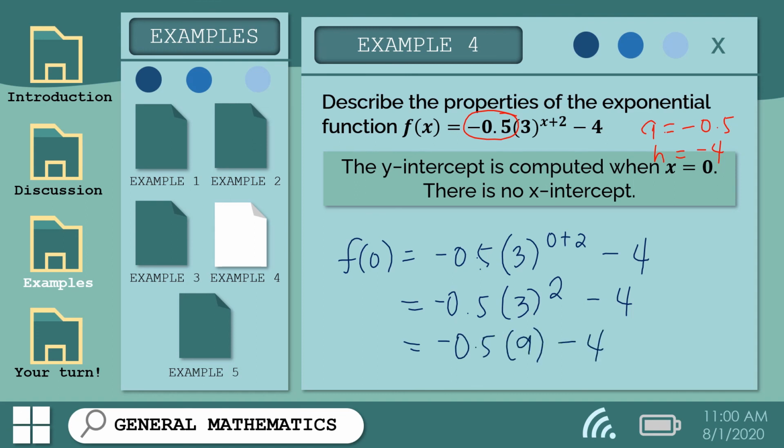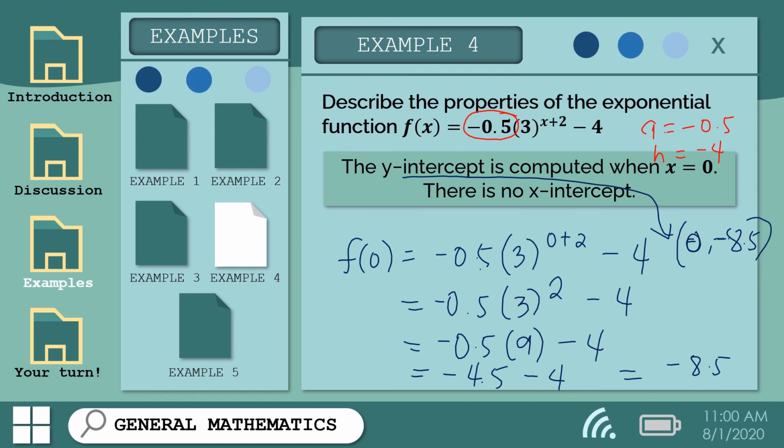Then, multiply by negative 0.5, we have negative 4.5. Minus 4, that will give us negative 8.5. So, our y-intercept is at 0, negative 8.5.